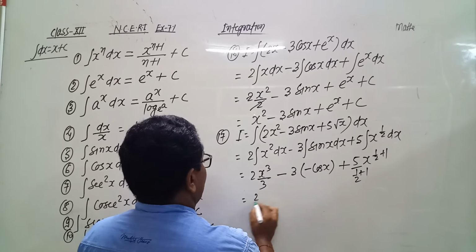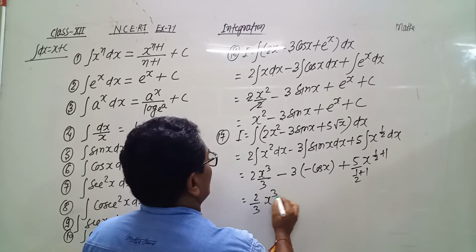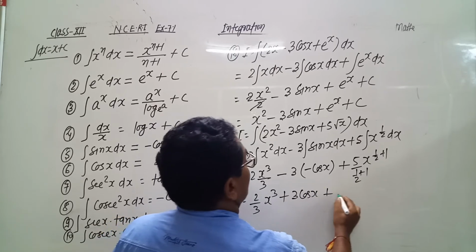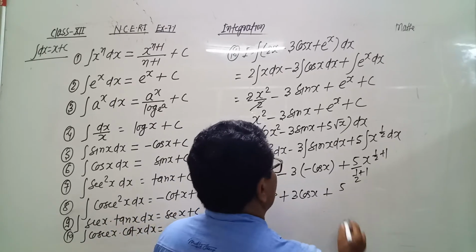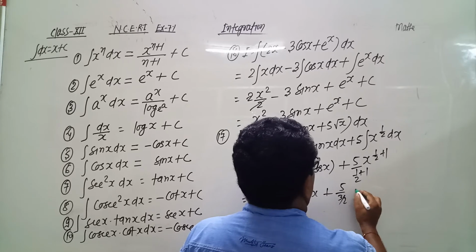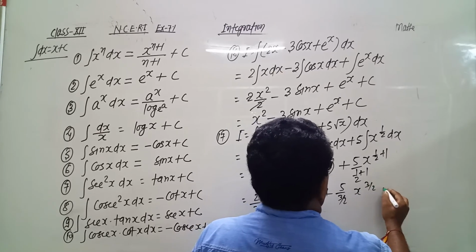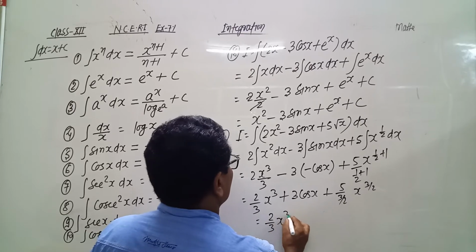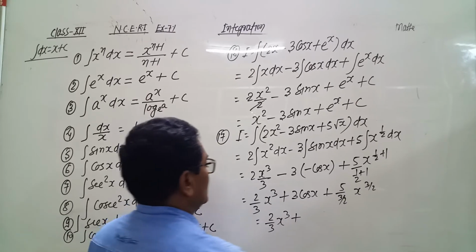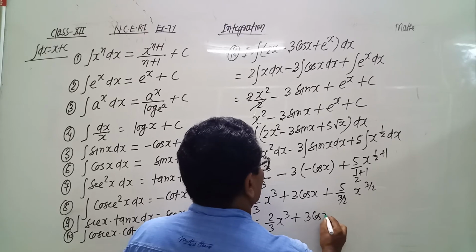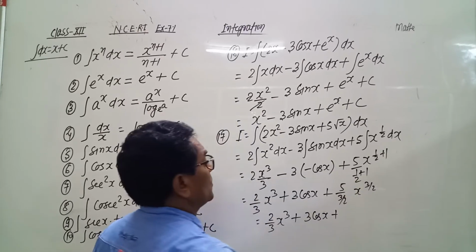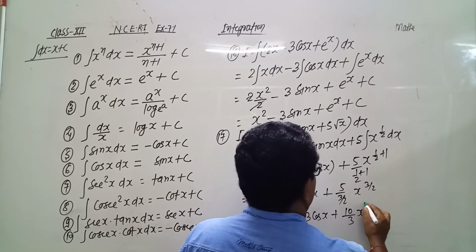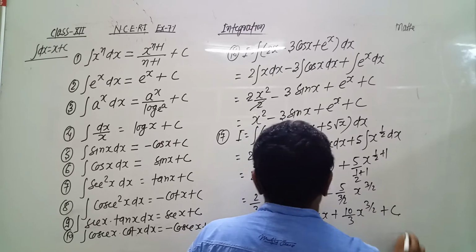So 2 by 3 x cube, minus minus plus 3 cos x, and plus 5 by 3 by 2 and x raised to the power 3 by 2. Then 2 by 3 x cube plus 3 cos x, and this becomes reciprocal, 5 into 2, 10 by 3, and x raised to the power 3 by 2, plus c.